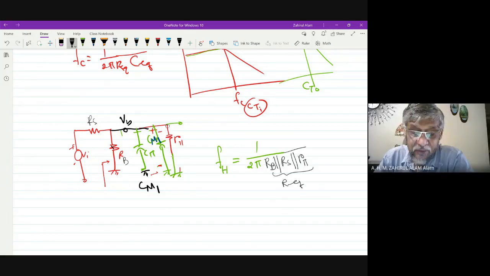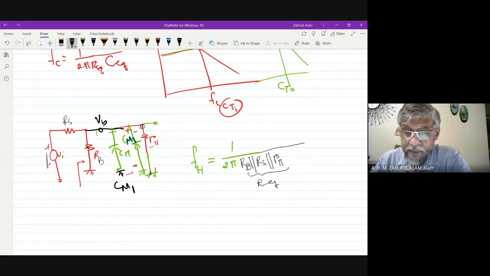Correct, because we need to find the equivalent resistance between these two terminals. So this is R pi parallel RB, and the input is shorted, also in parallel, multiplied by the total equivalent capacitance, which is C pi plus CM1. Right.